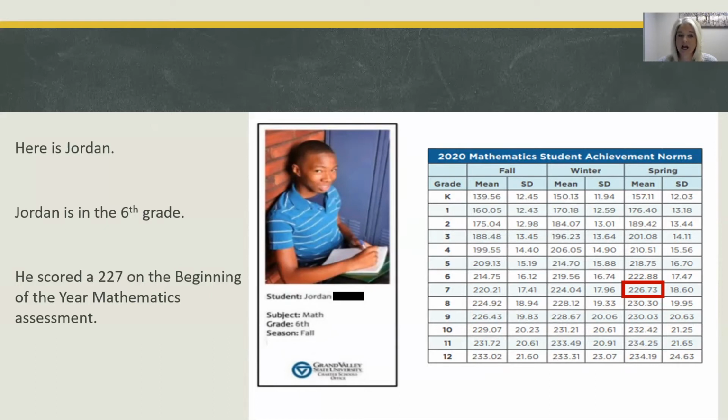Now, this does not mean that Jordan's 6th grade math teacher has to go and teach Jordan 7th grade standards from the end of the year. That's not what that means. It gives the 6th grade math teacher information about Jordan for 6th grade math. Jordan is going to need some enrichment.